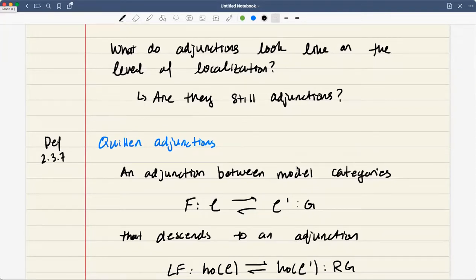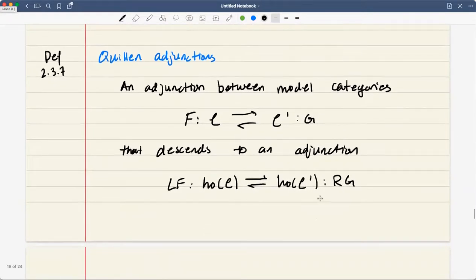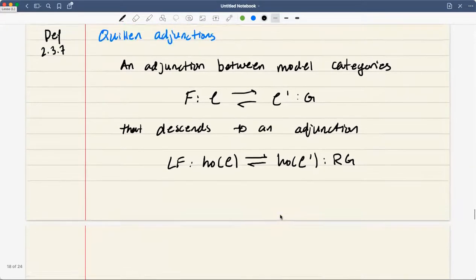If we had an adjunction and we localized it, so now it's not between C and D, it's between the homotopy categories, do we still have an adjunction? Generally, the answer is no. But when we do have it, we call them Quillen adjunctions. These are just adjunctions between model categories that descend to adjunctions on the homotopy categories.